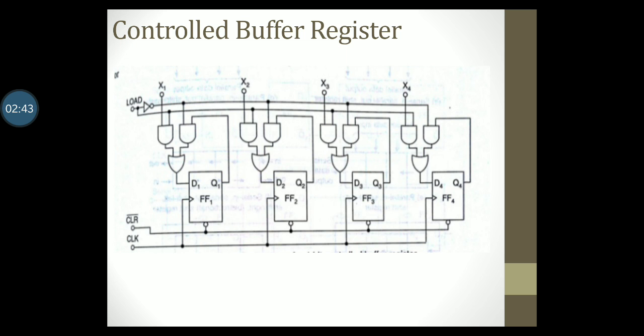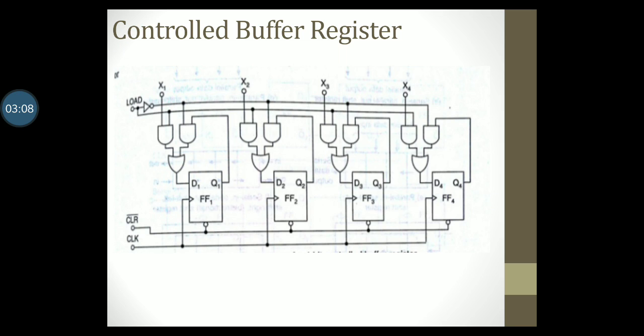For this reason, we have a controlled buffer register, which looks like this. First, let us understand the diagram before we can understand its working. Notice here that there are 4 interconnected D flip-flops FF1, FF2, FF3 and FF4.